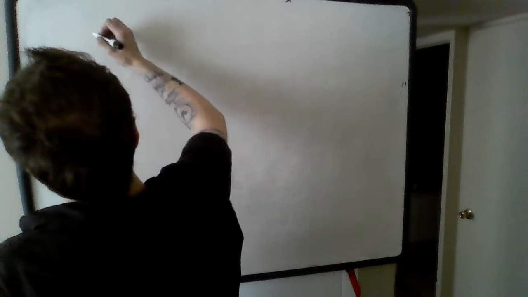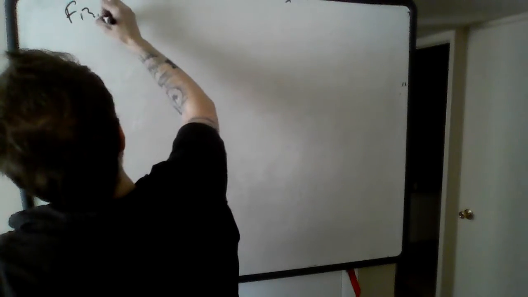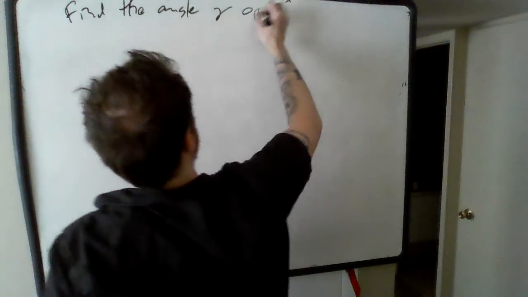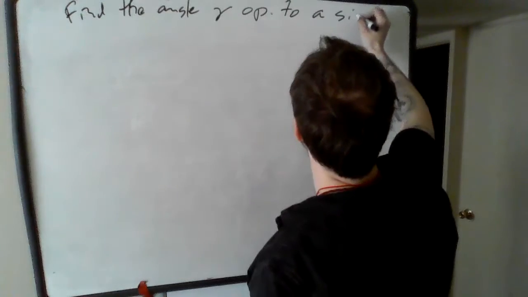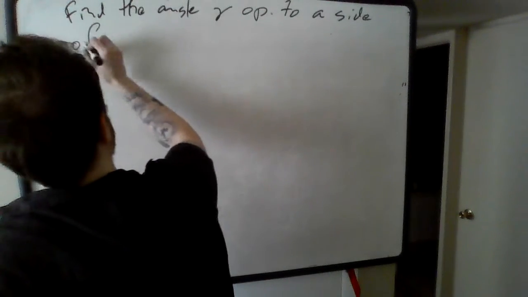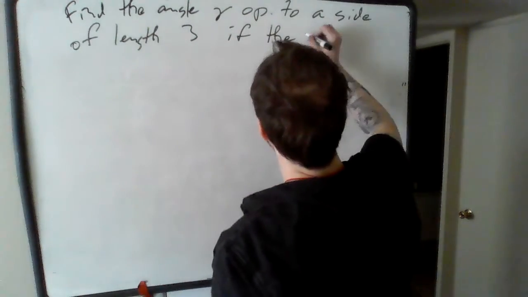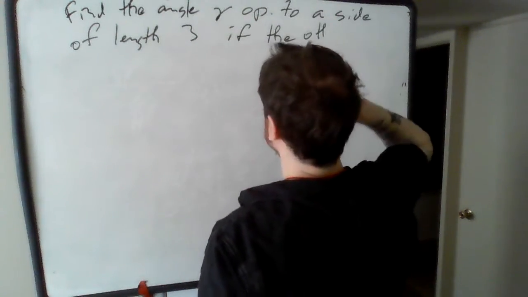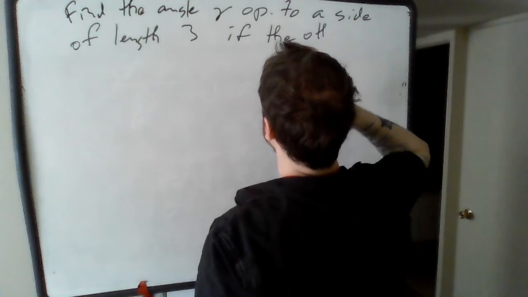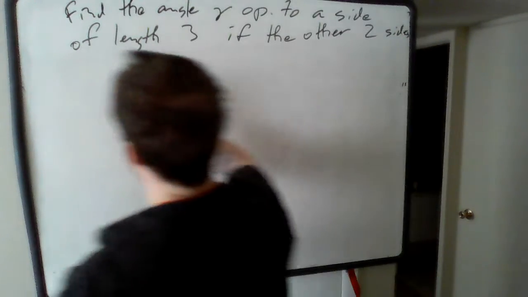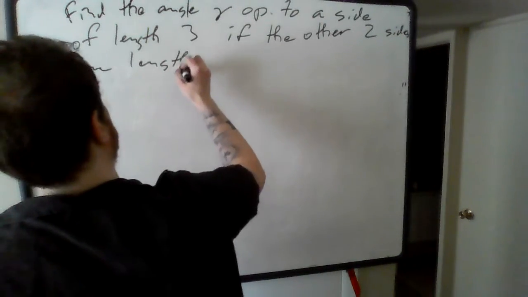So let's suppose that we want to find the angle gamma opposite to a side of length 3 if the other two sides are length 1.